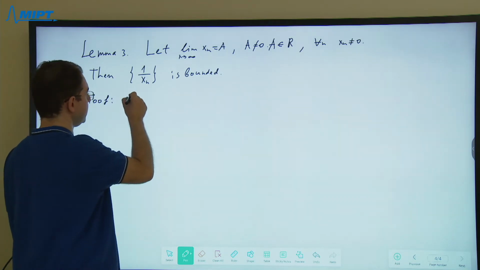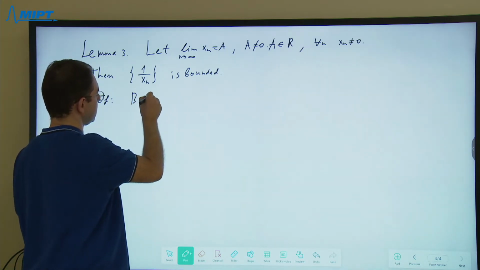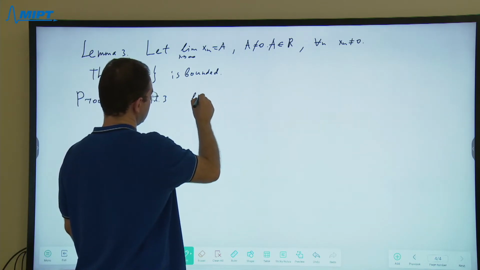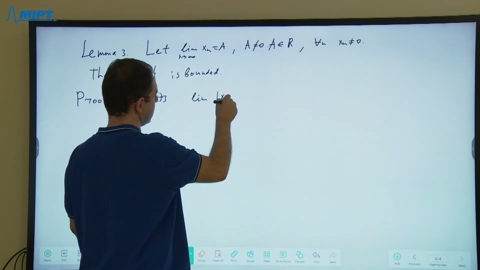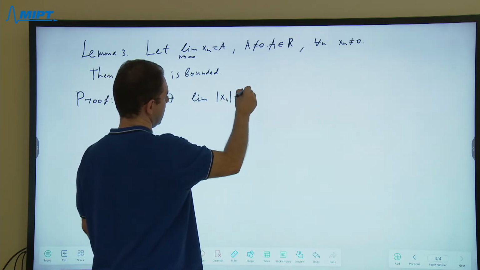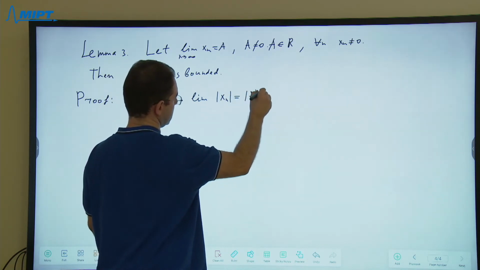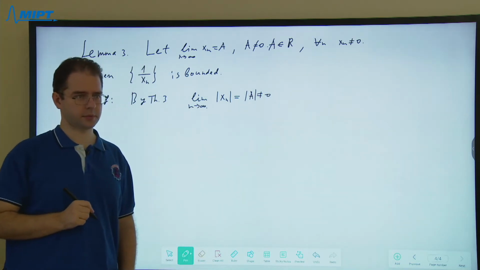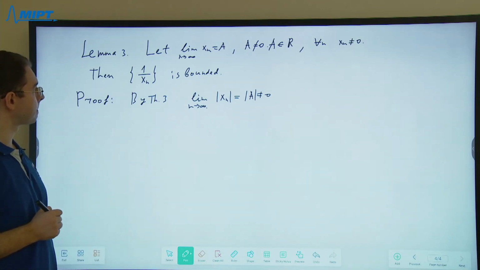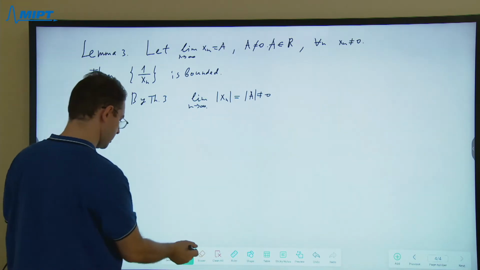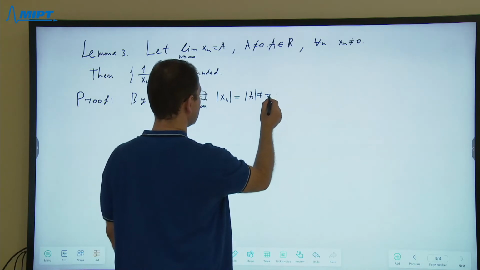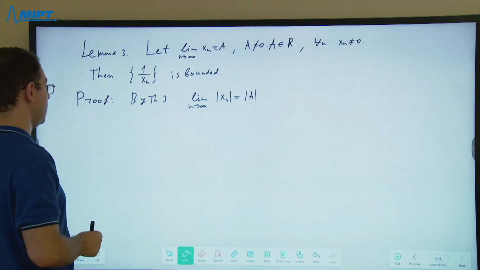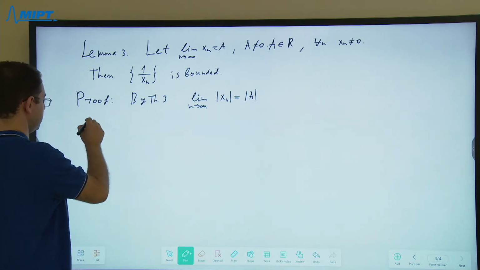By Theorem 3, the absolute value of xn tends to the absolute value of a, which is not 0. Actually, I don't need this not being 0 right now. Let's write down this definition.